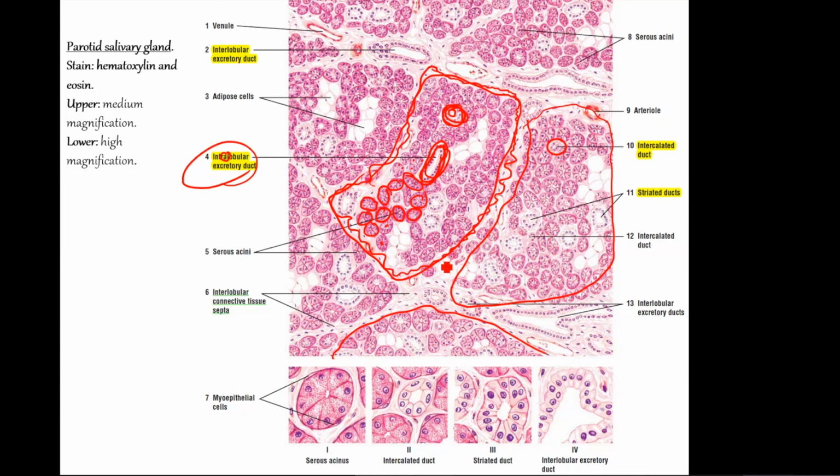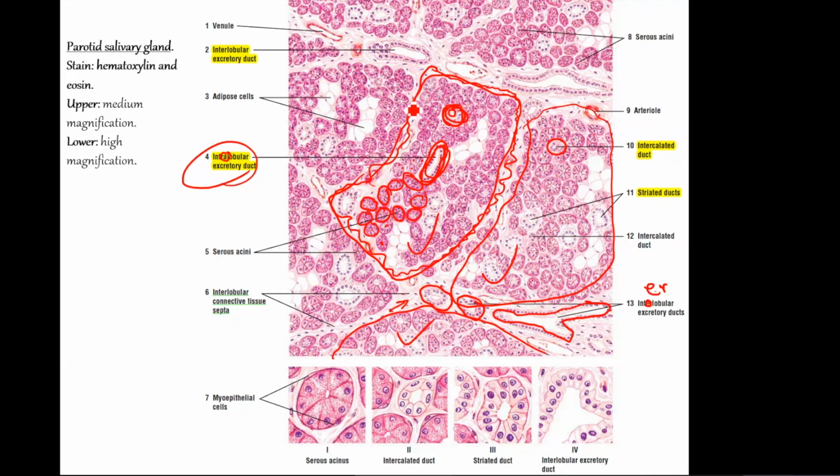But look at the septa here that divides the lobules. There is another duct inside the trabeculae, guys. So these are interlobular, that means between the lobules. These ducts are between the lobules, so they are interlobular ducts.